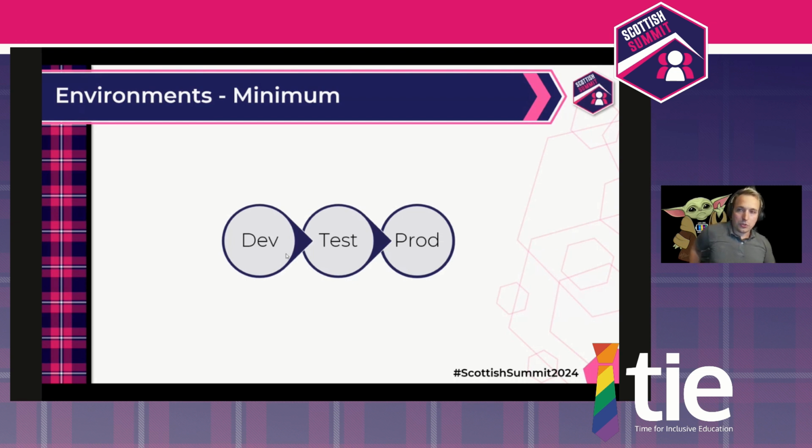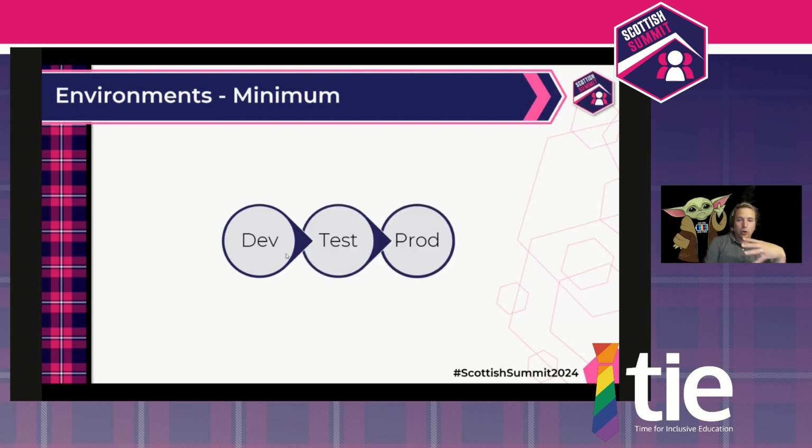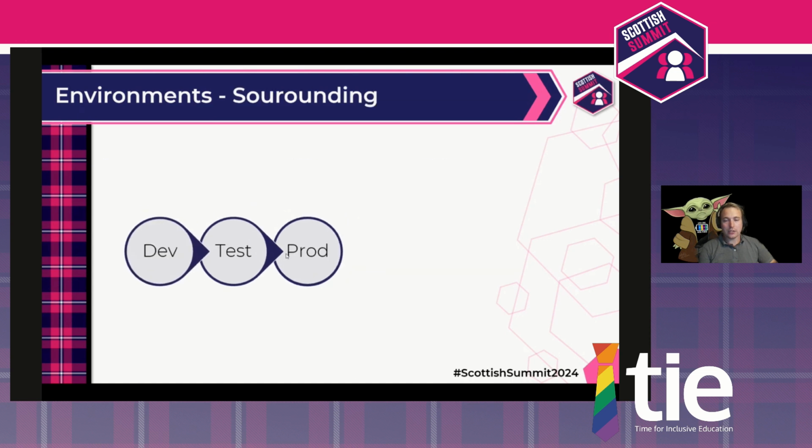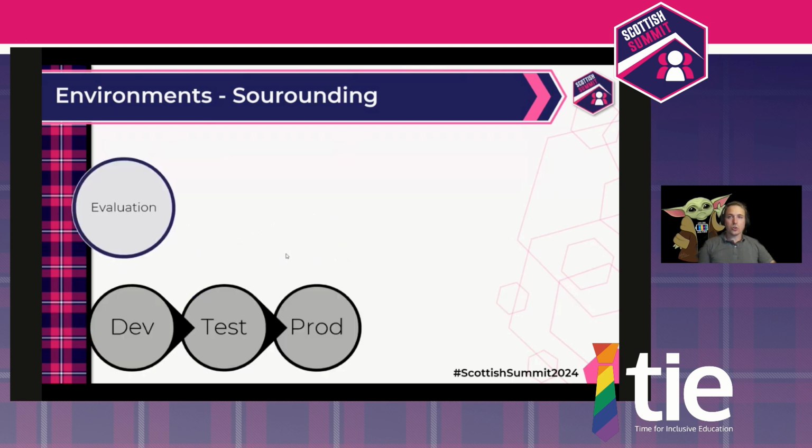When it comes to environments, we usually have a minimum of development, test, and production. That's what we require from our customers. In addition to that, you could have more, for example evaluation. That's used because, as you might know, Microsoft is releasing two waves of new versions for the Power Platform every year.